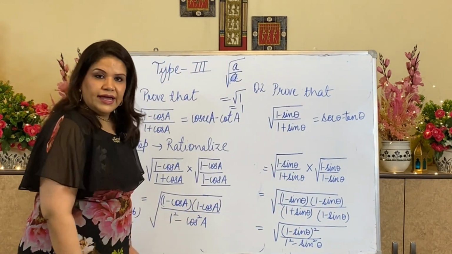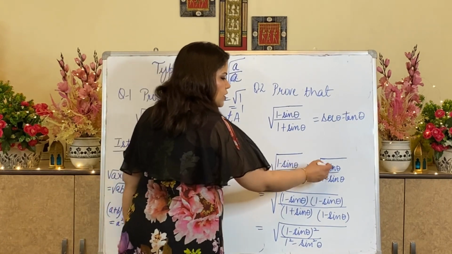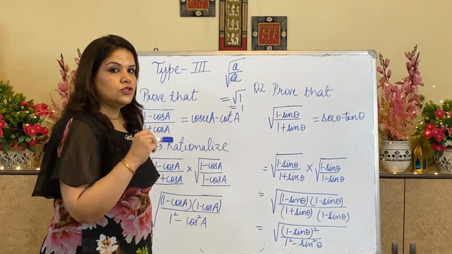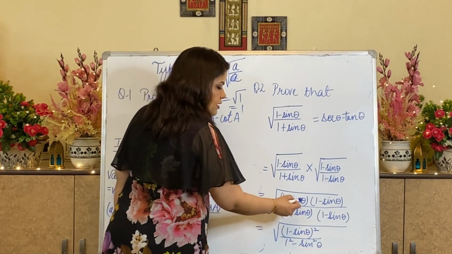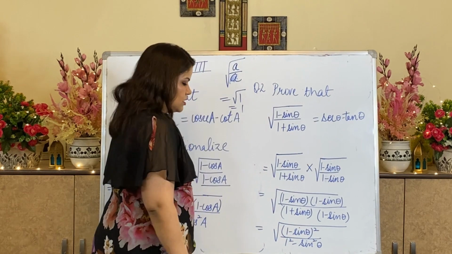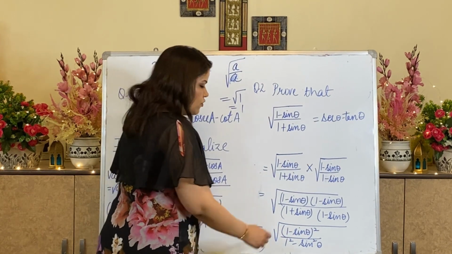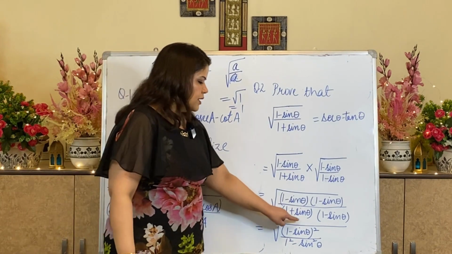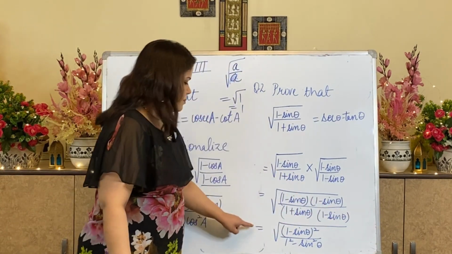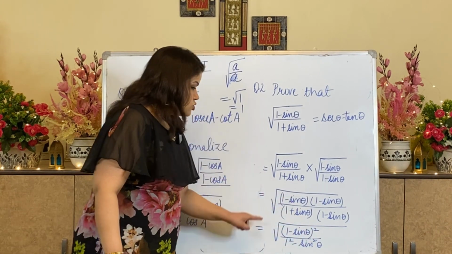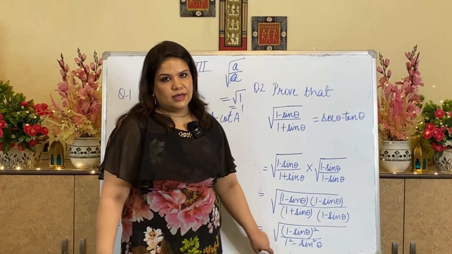So again I will get under root of A into under root of B will be under root of A into B. So 1 minus sine theta into 1 minus sine theta divided by 1 plus sine theta into 1 minus sine theta, that will be A plus B into A minus B changing to A square minus B square. So this way now you can use the identity here.